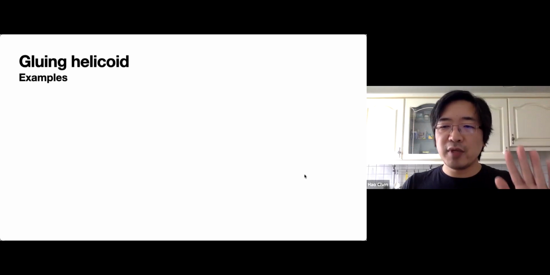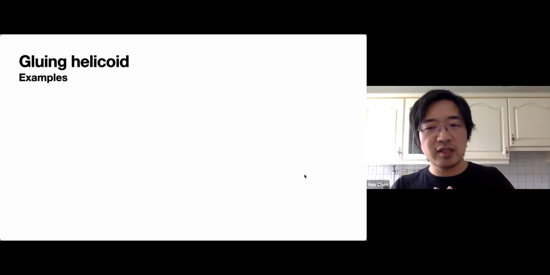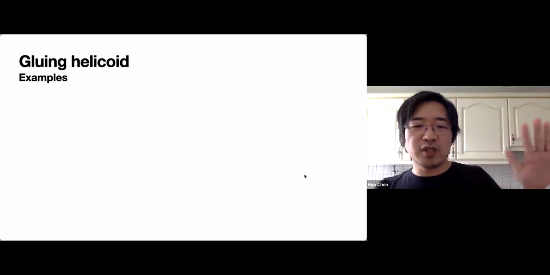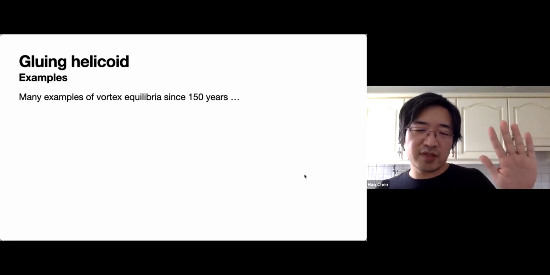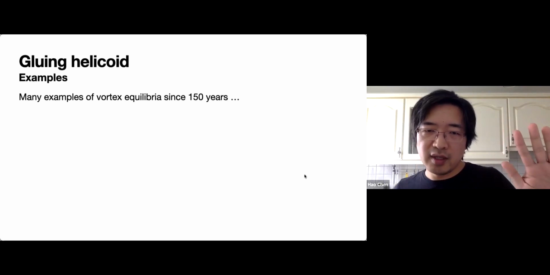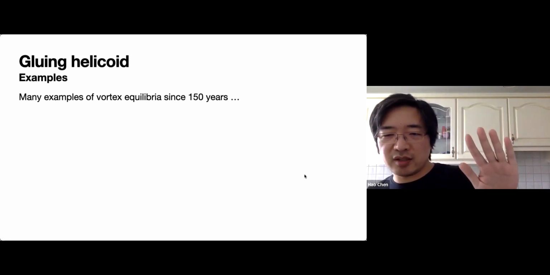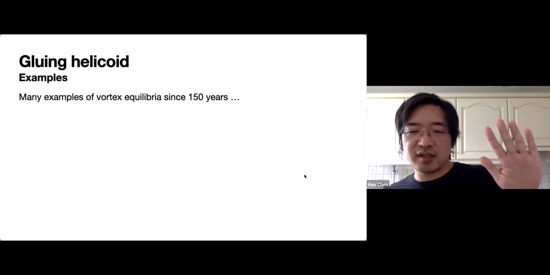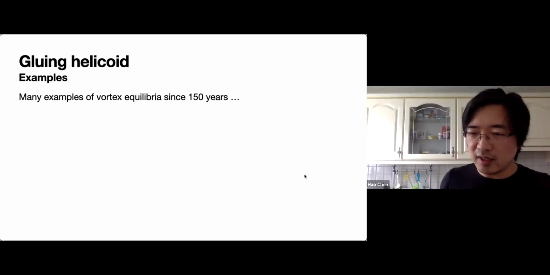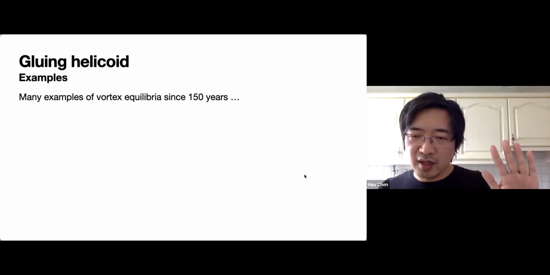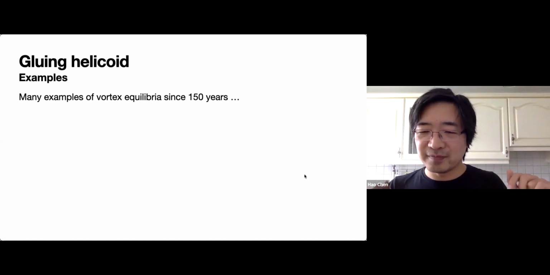So what do we do? We can simply compare notes between minimal surface theory and fluid dynamics. So guess who would benefit more? Well, fluid dynamics has been studying vortex equilibria for 150 years, and we only started gluing minimal surfaces in 1996 or 2001. Even the Weierstrass data method is only from 2001. So minimal surface theory will benefit a lot.